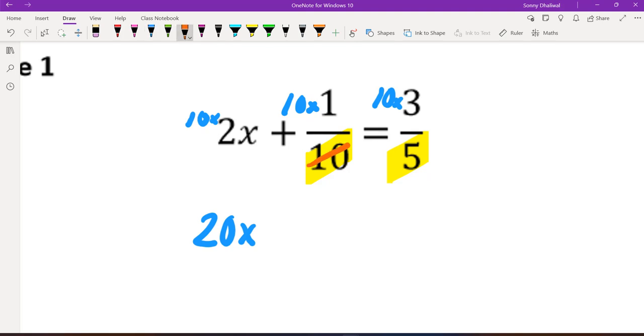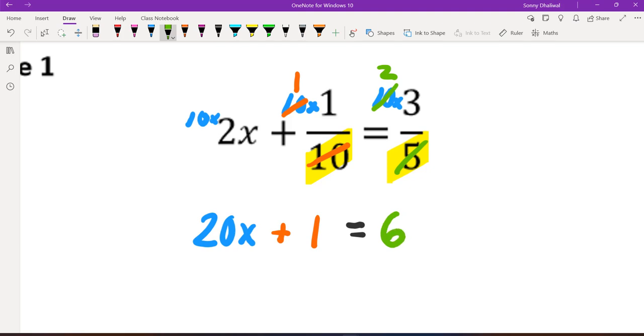Cancel, cancel, goes in once. So 1 times 1 is a 1. And there's a plus sign between these. All right. Next one. How many times does 5 go into 10? Twice. Goes into twice. And 2 times 3 is 6.